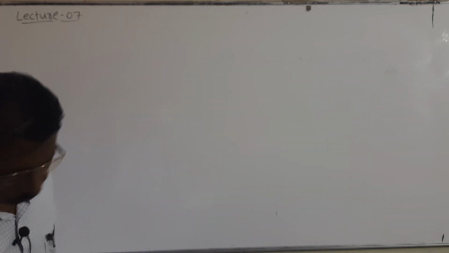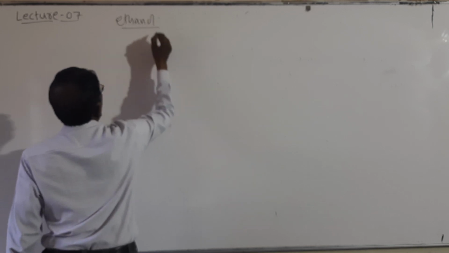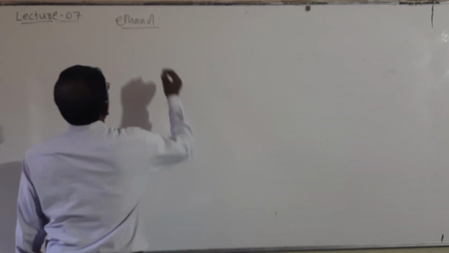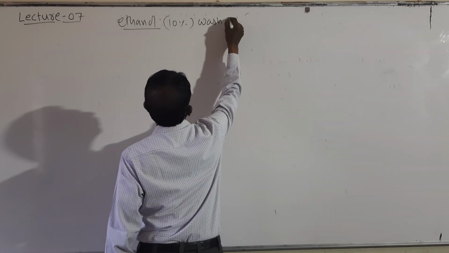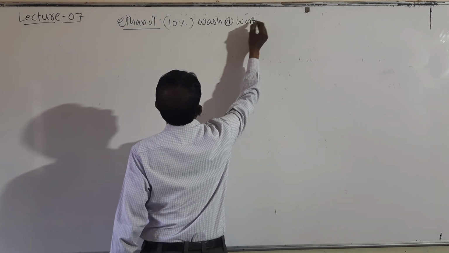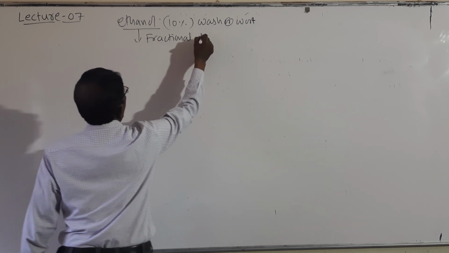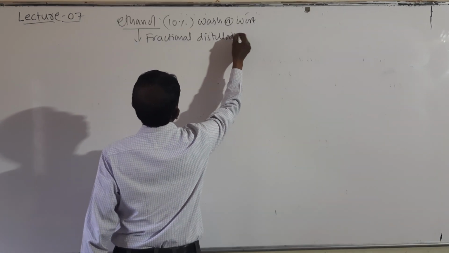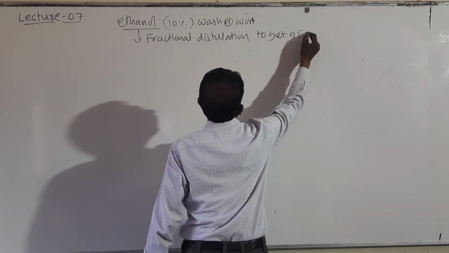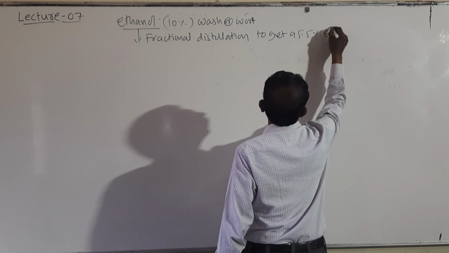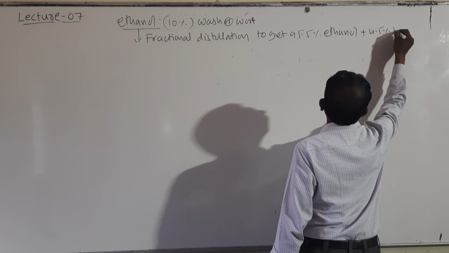Look here. The ethanol obtained contains only 10%. It is called wash. Look here, it is subjected to fractional distillation to get 95.5% ethanol plus 4.5% water.